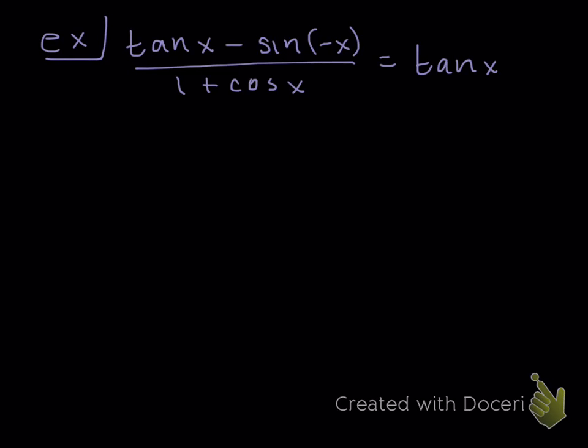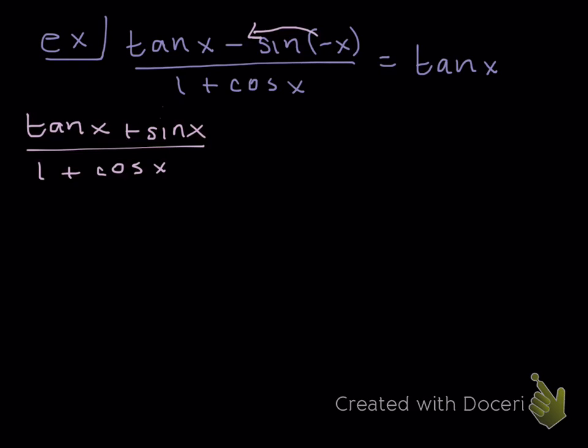So we know that for sine, the negative goes out front. So this negative right here is going to go out front, and then I'll have a double negative. So 2 negatives will make a positive. So I can actually change this to being tangent of x plus sine of x all over 1 plus cosine of x.